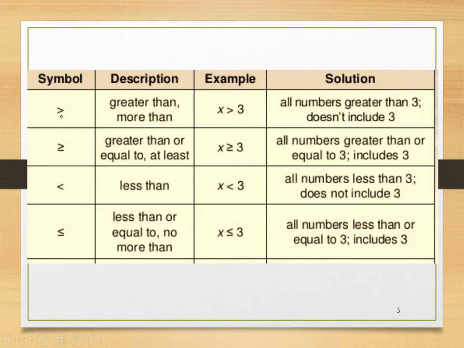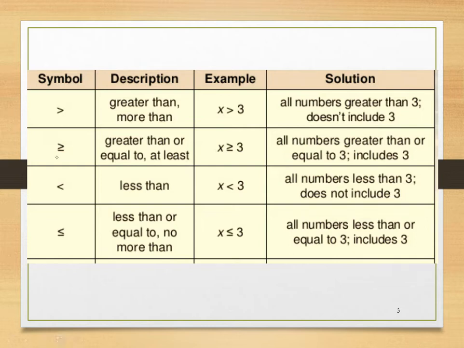For example, if x is greater than 3, then all numbers greater than 3 are included, but 3 will not be included. Why? Because we have only x greater than 3.